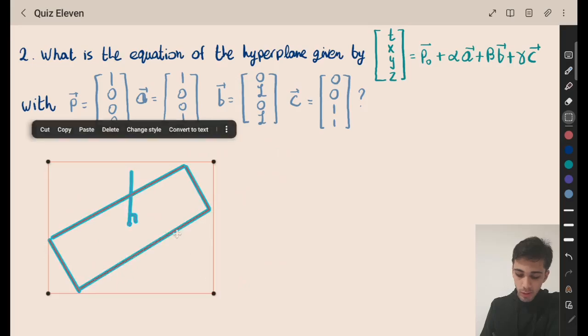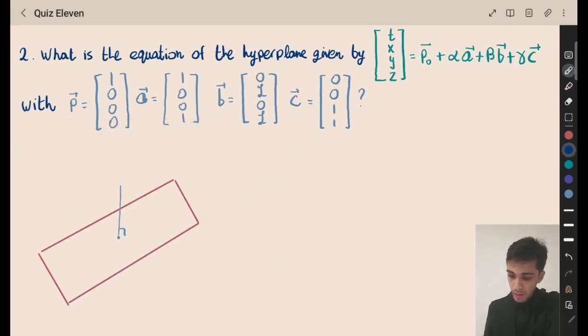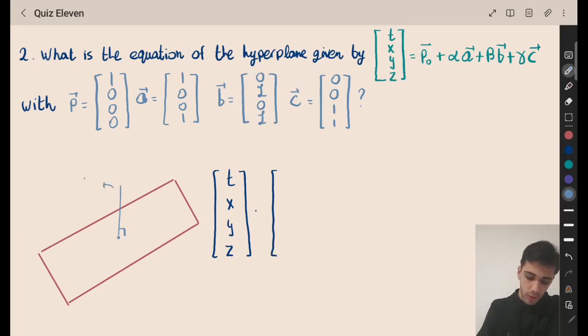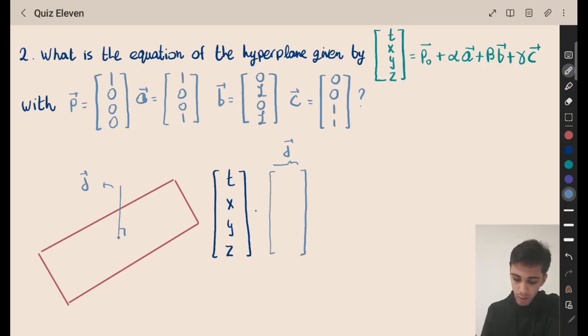Equation of the hyperplane looks like this, usually. This is a hyperplane, so it's 4 variables. You take the first variable, and I don't need to multiply anything. I just write t, x, y, z, and I take the dot product of this thing with the normal vector, which I'll call d.